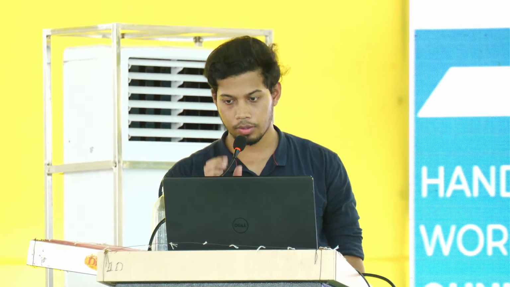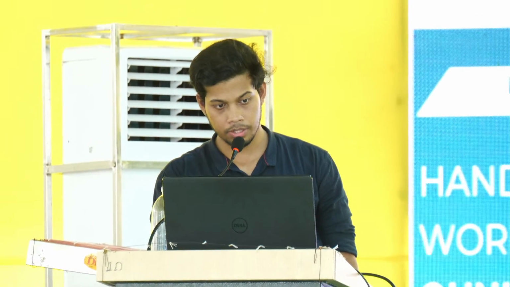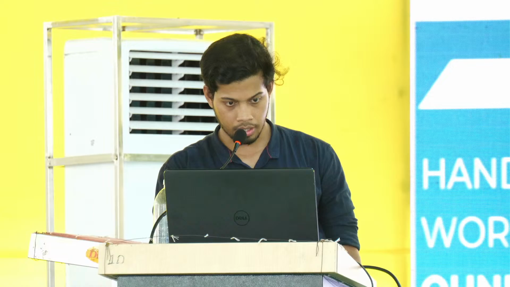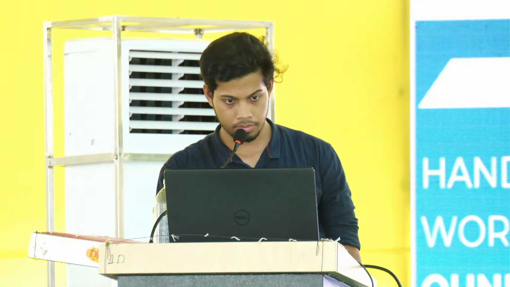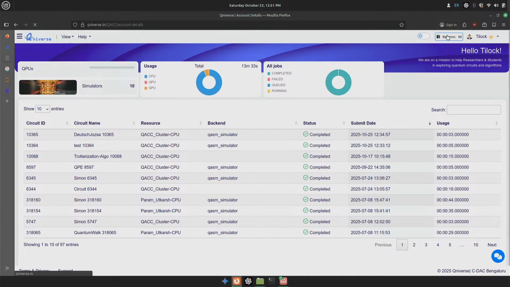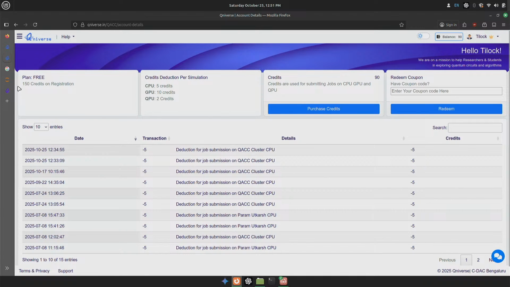Yes. For that, you need to contact our CDAC team to get more credits. We have a kind of redeem system. So if you go here, you can see that if you are on the free plan, you will get 150 credits just after your registration.